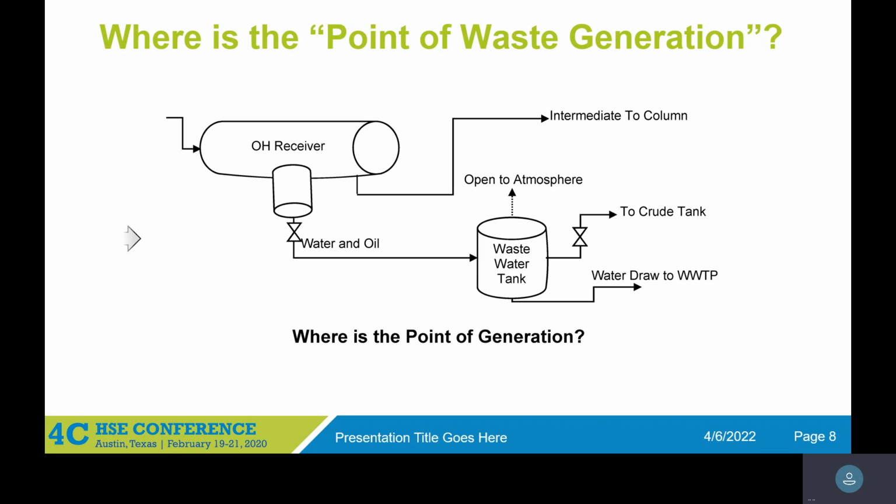Here is where the point of generation is for the TAB. But let's say that this was controlled, or that there was another tank here that was controlled. And you're going to lose some benzene emissions here, even if it's controlled, right? I mean, your internal flowing will still have emissions, right? So this tank is controlled. Here is where you will count the point of generation for the 6BQ, at the entrance of the first uncontrolled waste management unit. This is uncontrolled because it's open to the atmosphere. Does it make sense? So you lost already some benzene here. So you're counting it here. That make sense?